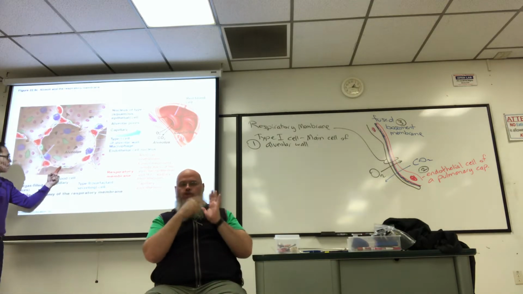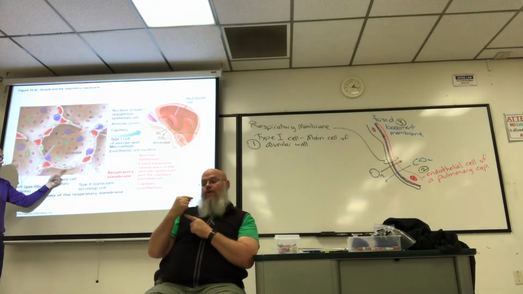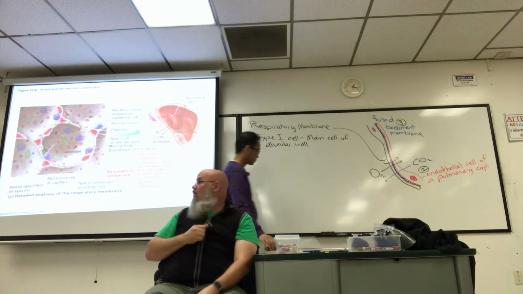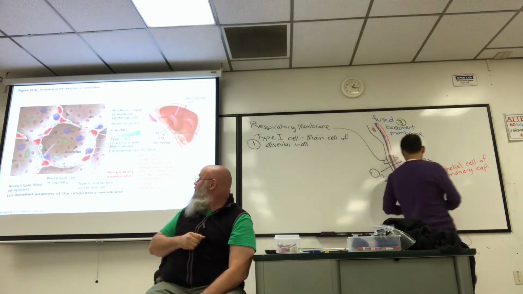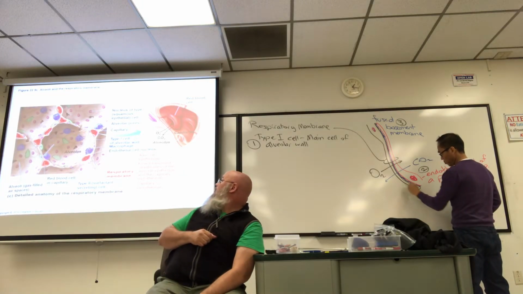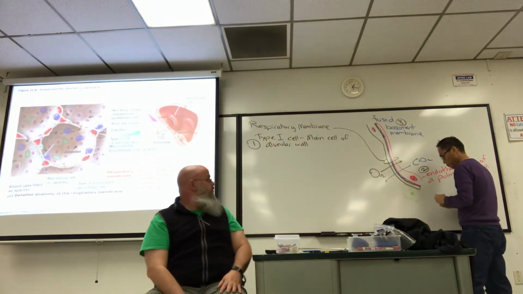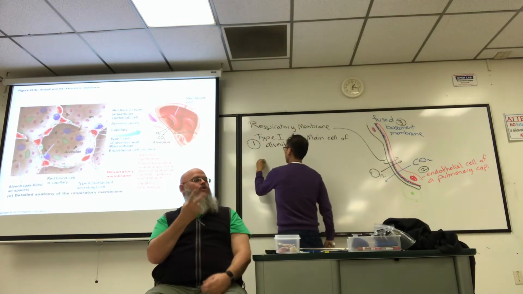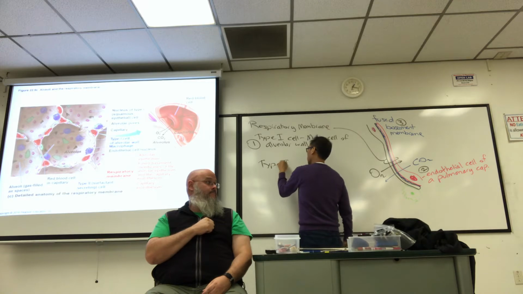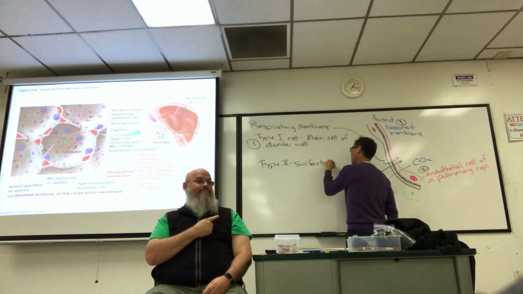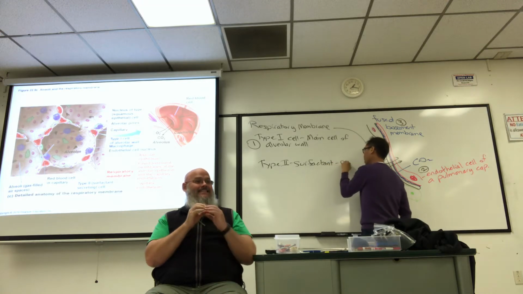This green cell that's more round is the type 2 cell. So let me draw a green cell here. More round. It's a type 2 surfactant-secreting cell.